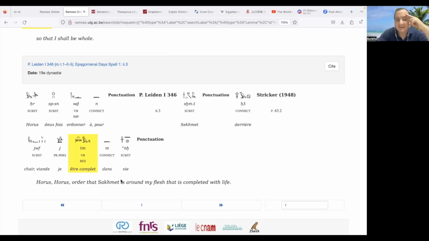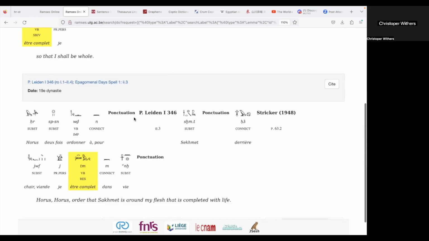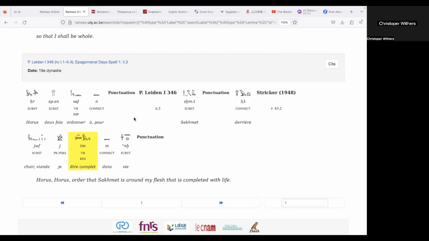Oh, cool. I've never seen it used just as a verb by itself to mean complete. And I think Allen chats about tem being used, and he talks about the god Atum, the complete one, or the one who is finished.